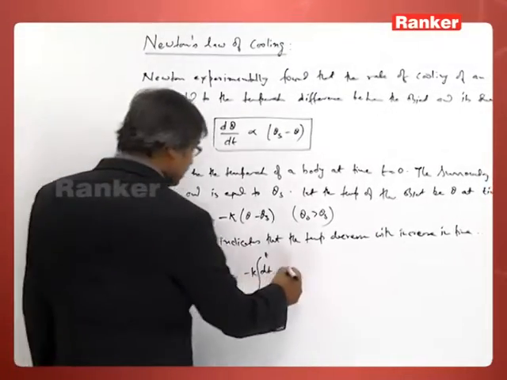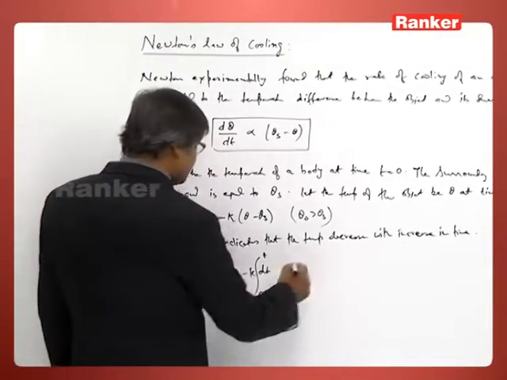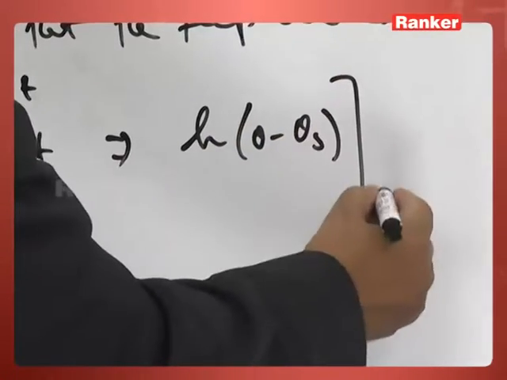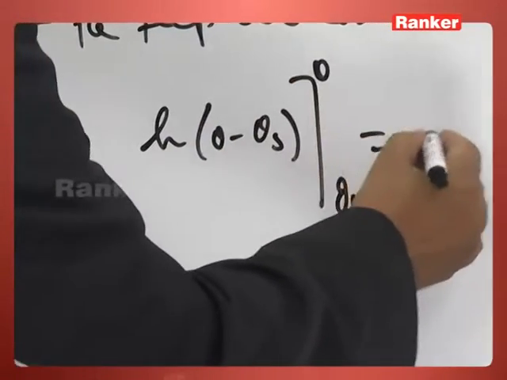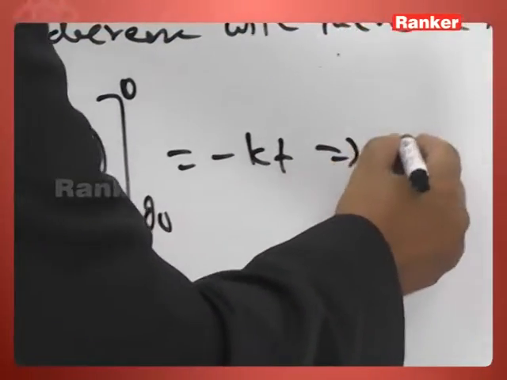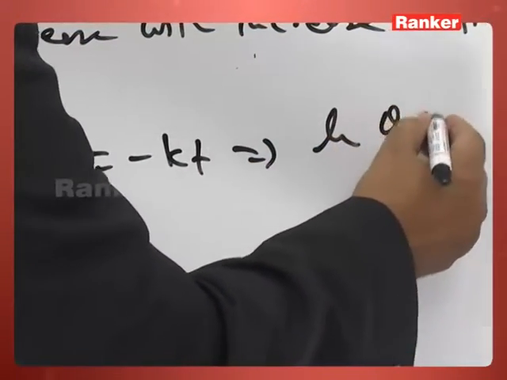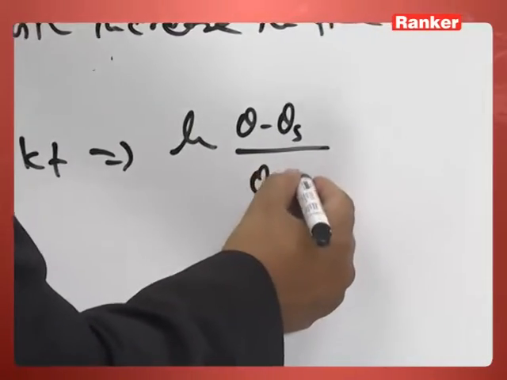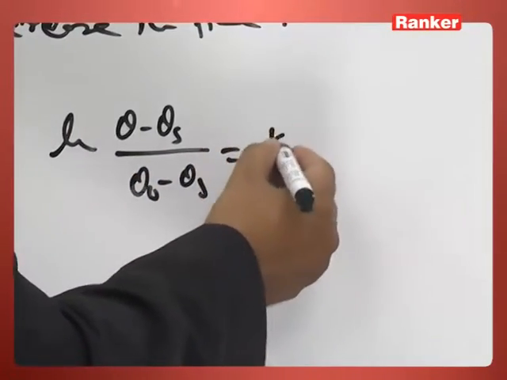If I integrate it, I get ln of theta minus theta s, from theta naught to theta, equal to minus kt. This further gives ln of (theta minus theta s) by (theta naught minus theta s) equal to minus kt.